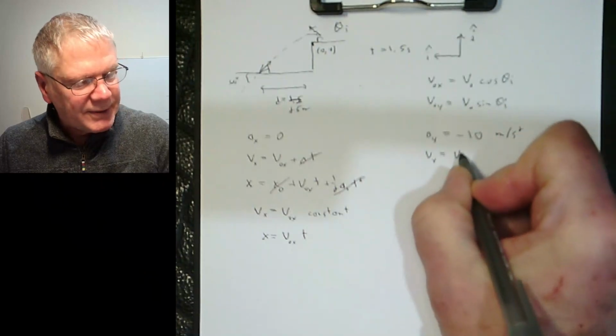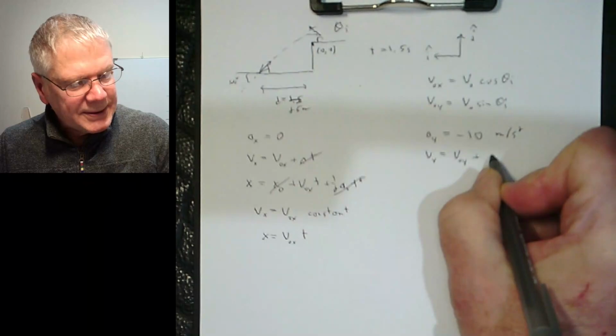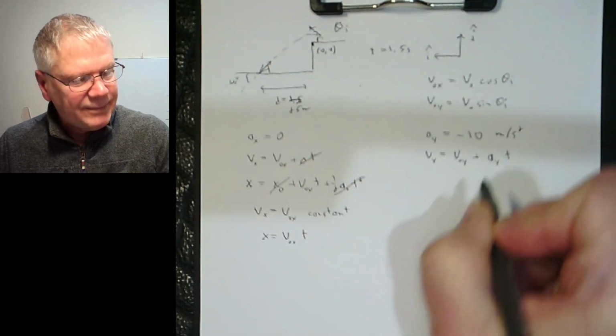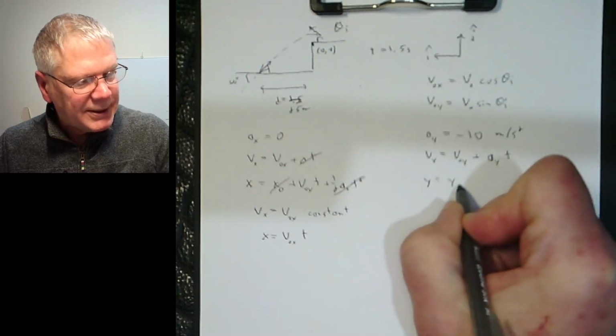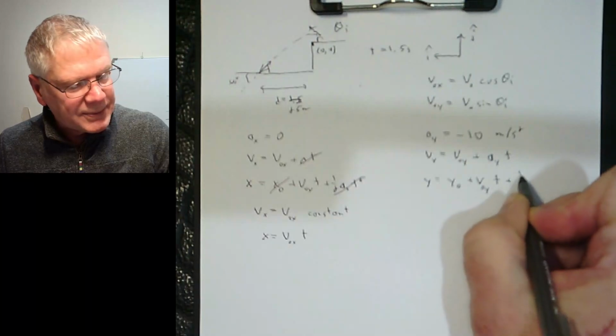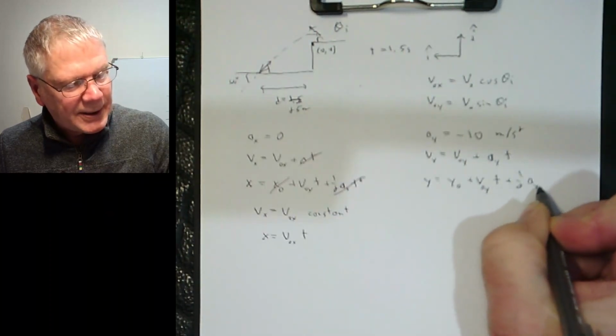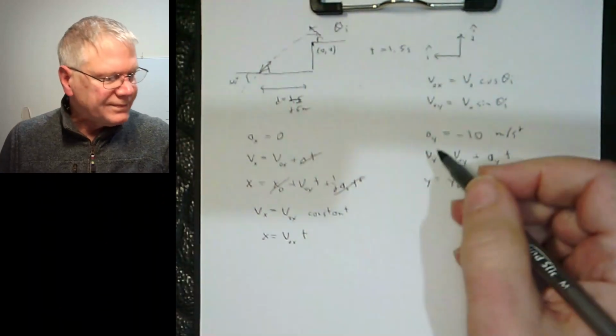Vy equals V0y, which I don't know, plus ayt, and y is equal to y0 plus v0yt plus 1/2 ayt squared. So there's my full set of equations.